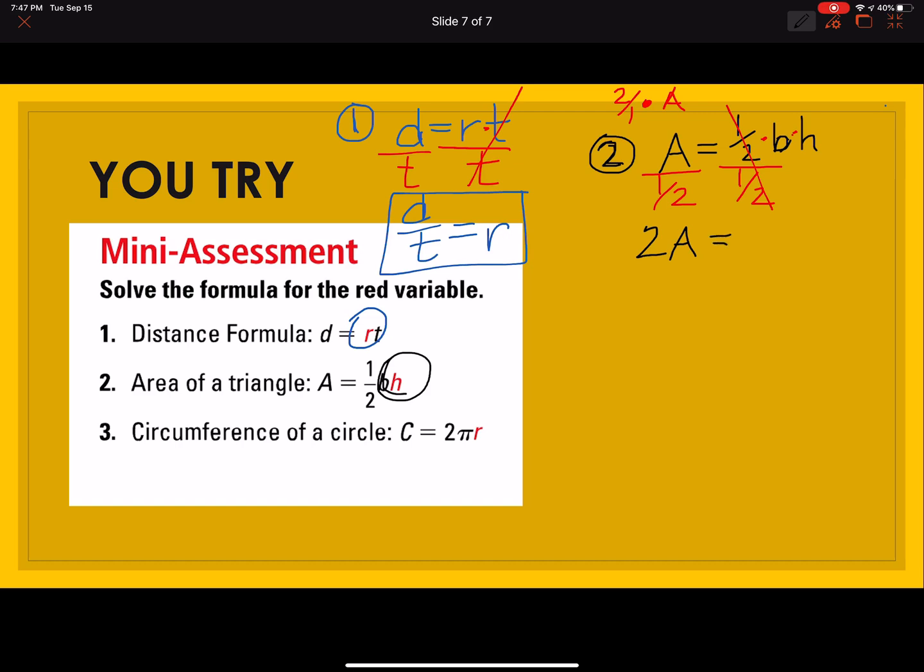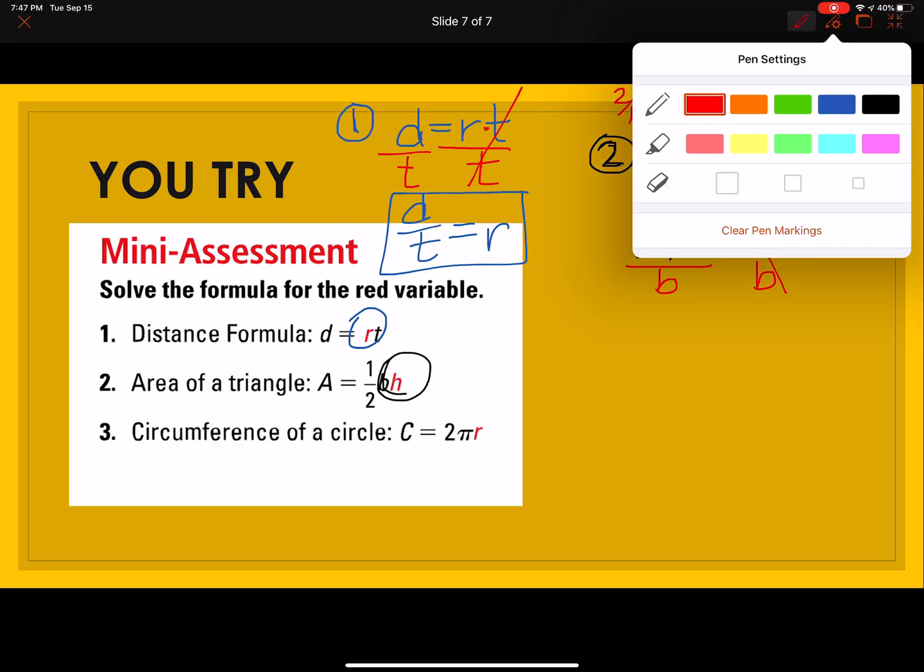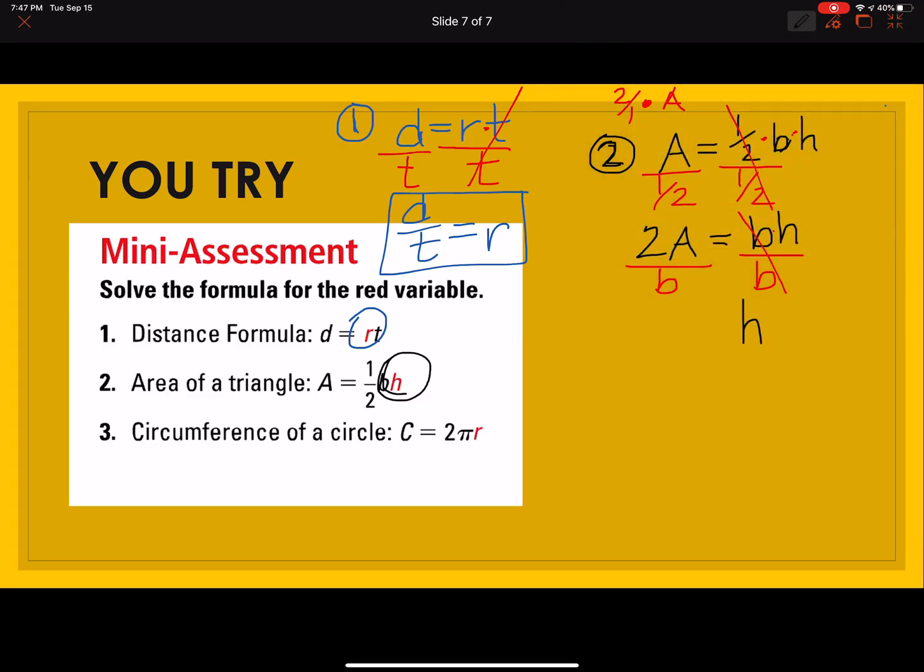On the right side, I have my BH, and again, there's multiplication going on there. So in order to get H isolated, we're going to divide by B. I'm going to divide the other side by B, and now I have my H isolated, and I know that H is equivalent to 2A divided by B.